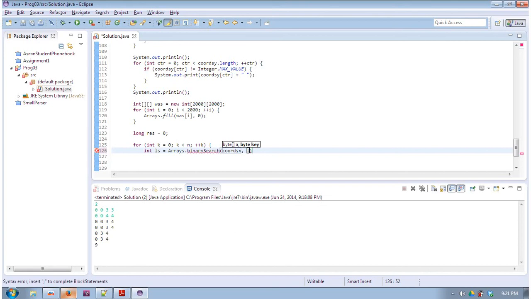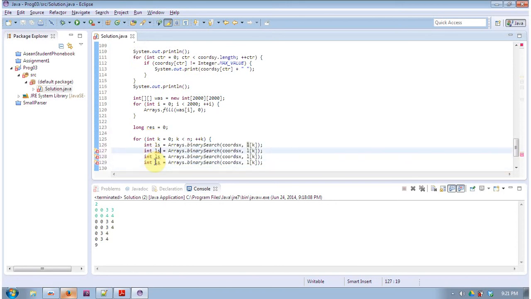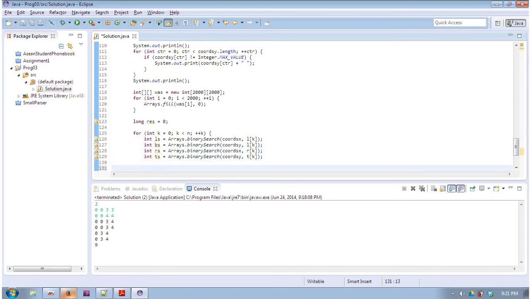So we get the values lbrt in coord x and coord sy respectively. So essentially ls, bs, rs, and ts are the positions of l, b, r, t in the array, sx and sy.